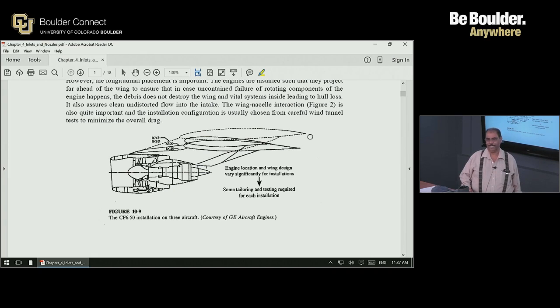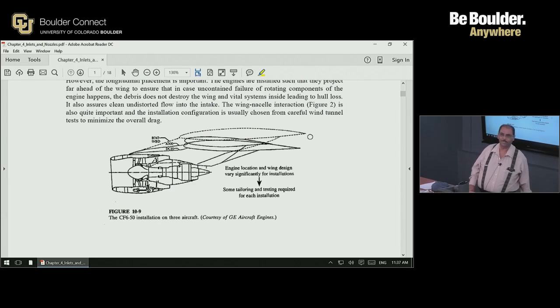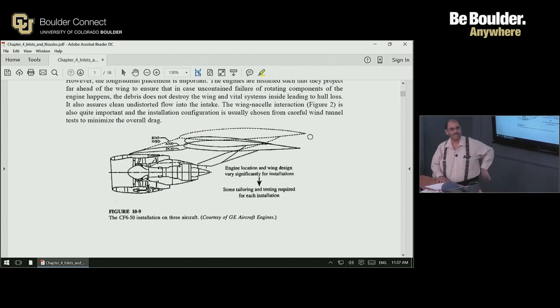Over the wing installations would produce the same load relief as under the wing engine installation, but over the wing it tends to disturb the flow and therefore affect the lift to drag ratio, and therefore until very recently, such mounting was not favored.